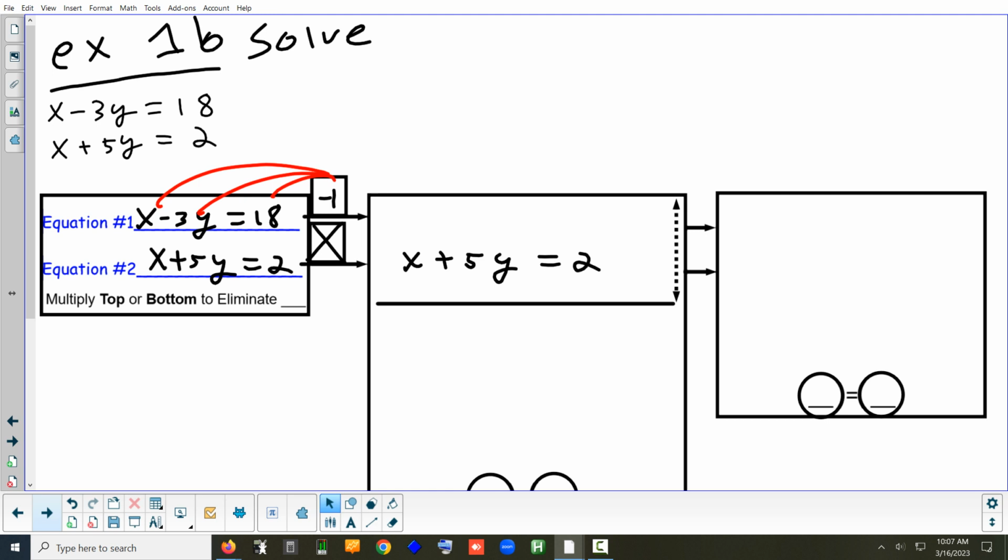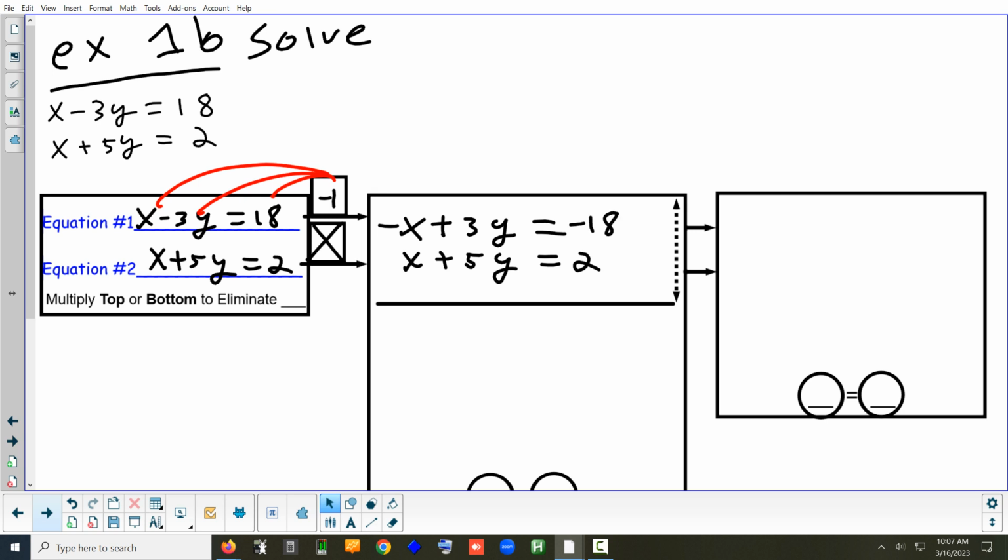So can you read to me what I would put down right here? So we got -x. Yep. What's -3y times -1? That's a positive 3y. And then -18.